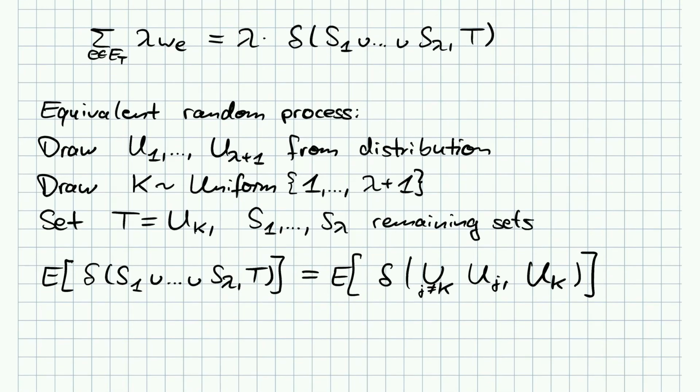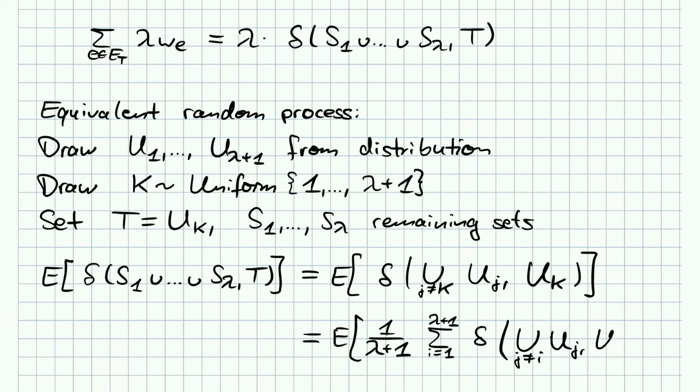And now we see this capital K is actually just uniformly distributed on 1 through lambda plus 1, so we might as well write out this expectation here. This is just the average of all these delta of the union of the Uj, comma, Ui.